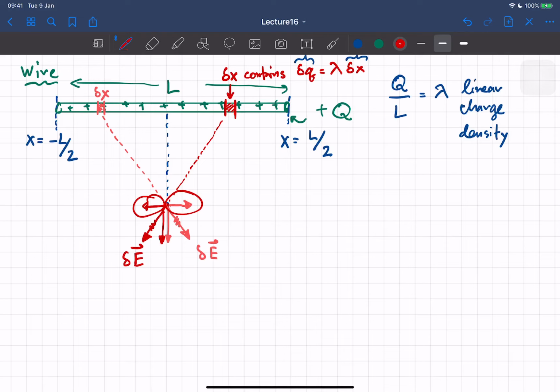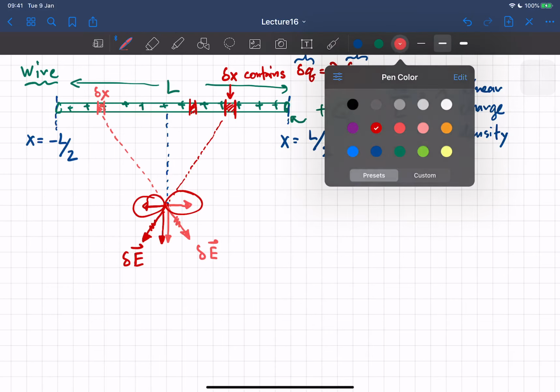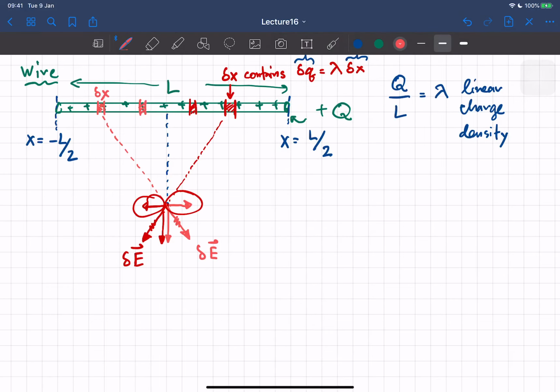Let's say you choose a different section on the wire, maybe a little bit closer here. This is going to have another point on the other side, which is going to cancel out. So you can pair up every point on the wire so that the horizontal components cancel out. This is the symmetry of the problem.